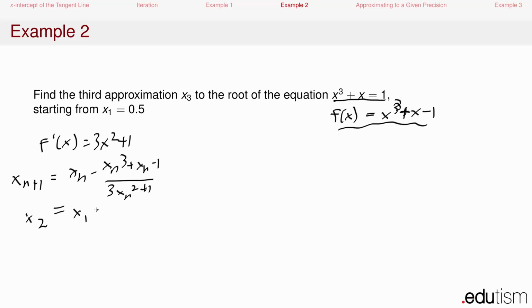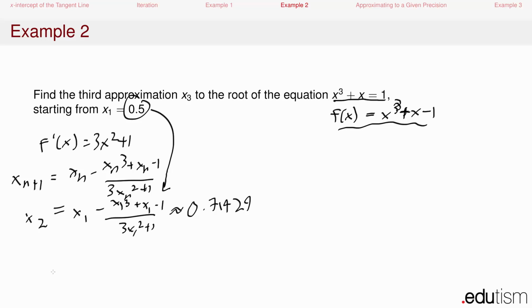So we can use our x1 to find our x2. x2 is going to be x1 minus x1 cubed plus x1 minus 1 over 3x1 squared plus 1, plugging in 0.5 for x1. What we're going to get is 0.71429 as our approximation.